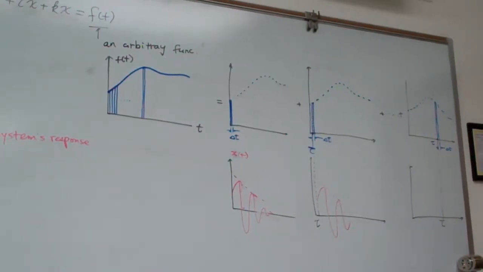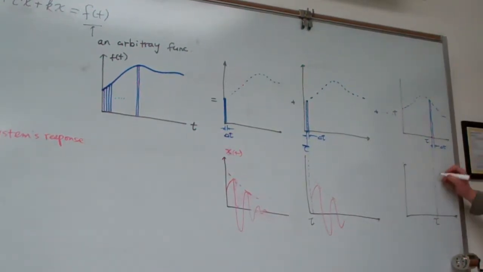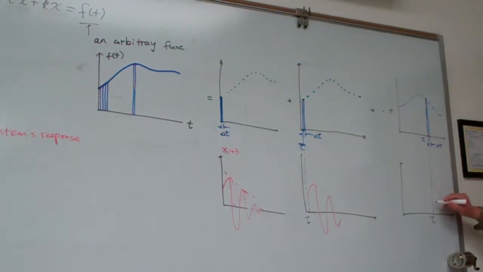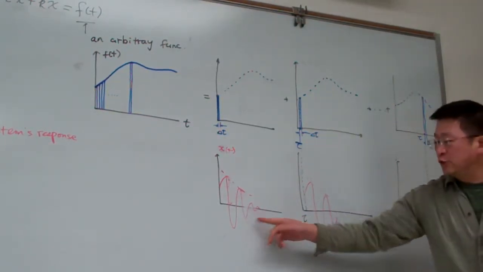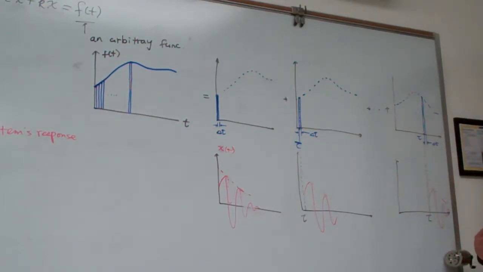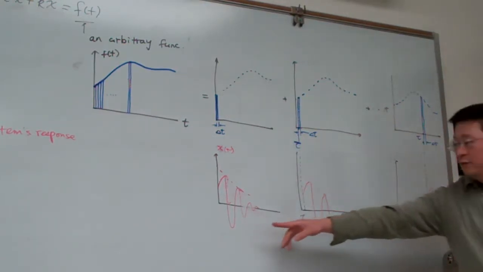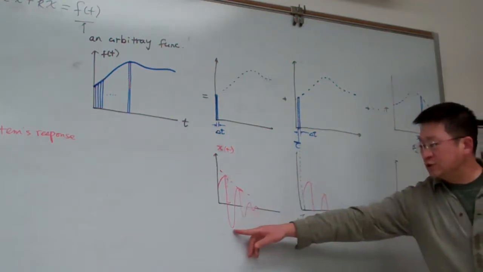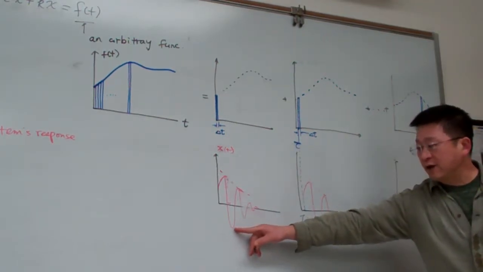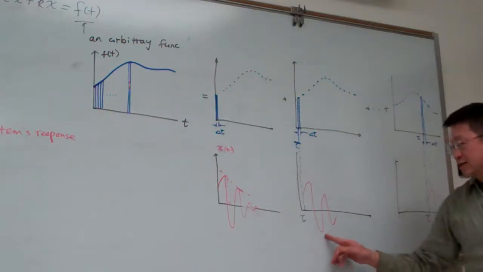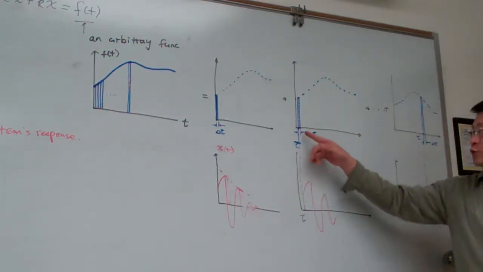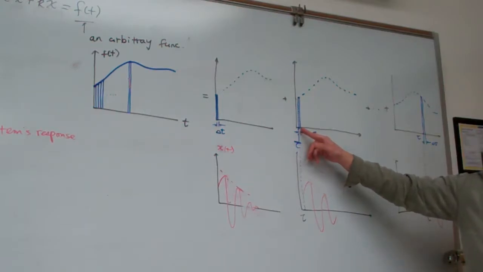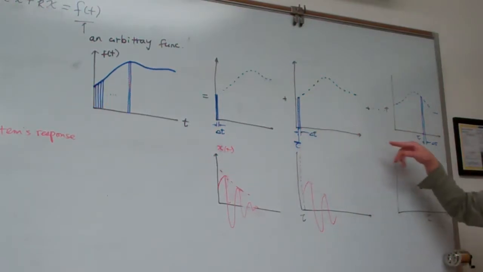That means the system will simply shift its response to that later moment. For each response, the shape of the system response is the same. They are simply delayed by the moment corresponding to the location of the strip in the time domain.